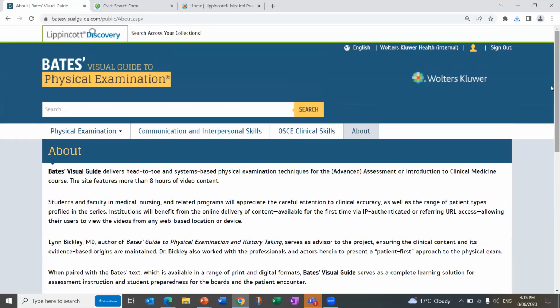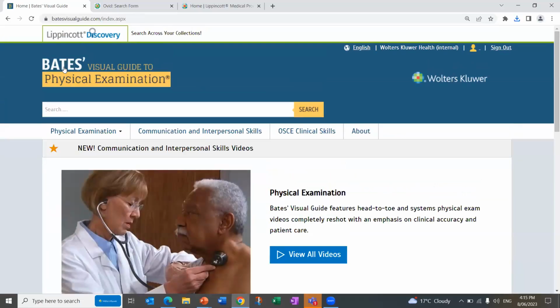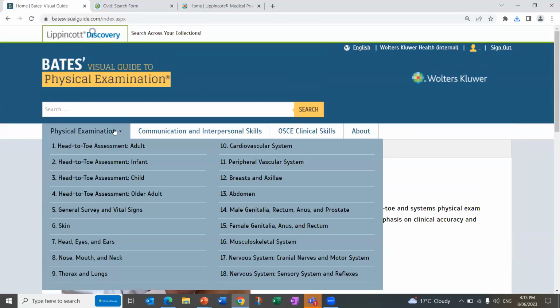This product, Bates Visual Guide, as we see it here from this first page, is divided up into 3 sections. The physical examination is the thing that begins our journey. So this can be a place that people can come if, as students, they don't have any experience in exploring the process of examining a patient.